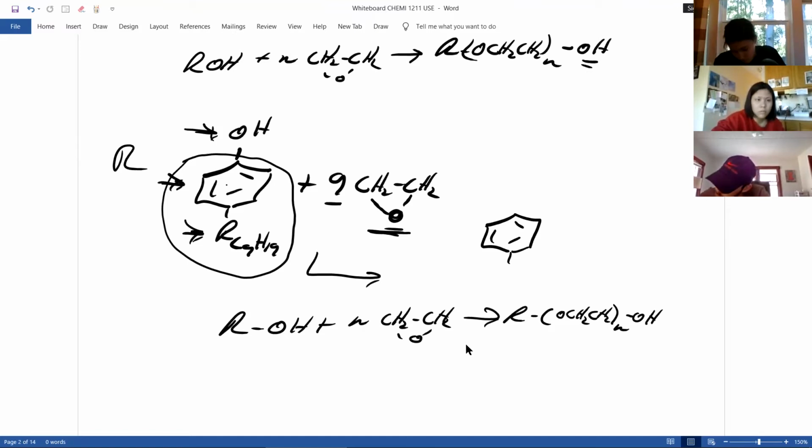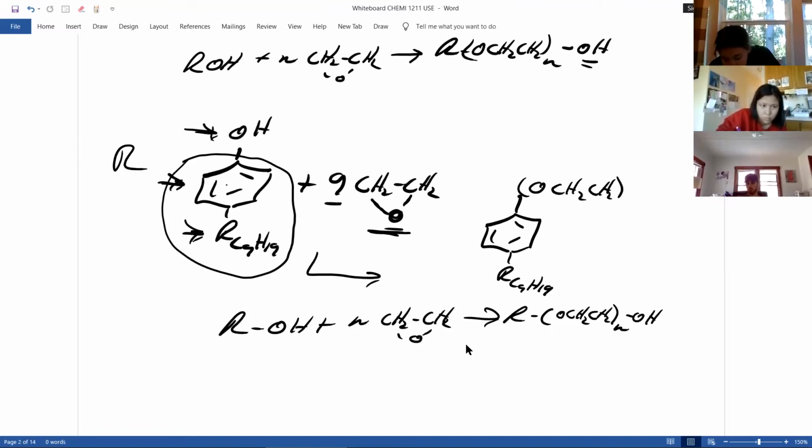Bonds in the benzene ring are still going to be there. The 9 carbons and the hydrogens are still going to be here. Then we'll have this go to O, CH2, CH2. What's N? This number, in this case, is 9. And a hydroxyl group. And this is what you just made.